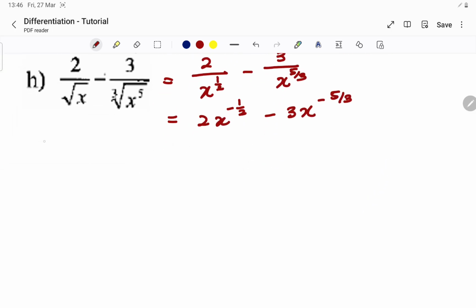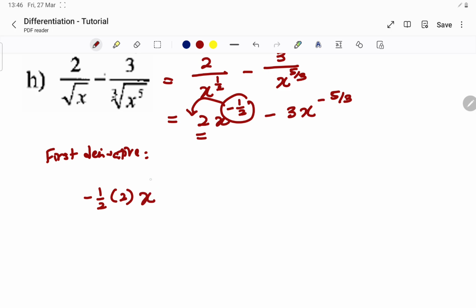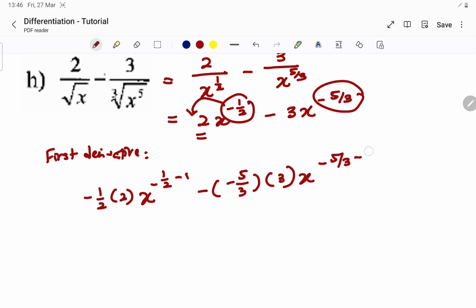Okay, now we will do the first derivative. Negative 1 over 2 you bring in front, so you'll get negative 1 over 2 multiplied with 2, and then you copy x to the power of negative 1 over 2 minus 1. Then here you have negative 5 over 3 multiplied with 3, x you copy to the power of negative 5 over 3 minus 1, and then here you can cross this out.